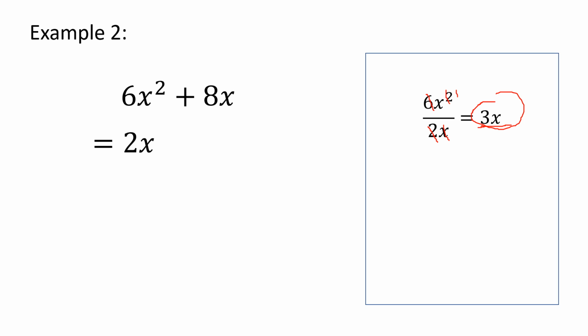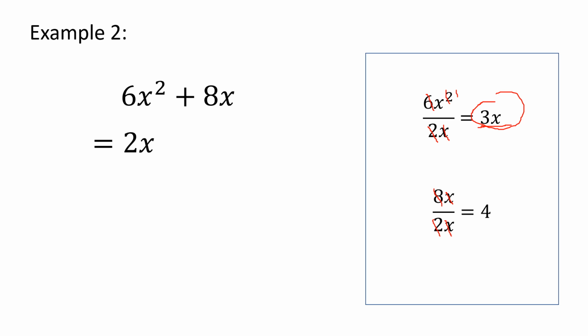Next, let's get the remaining factor from 8x. 8x divided by 2x: 8 divided by 2 is 4, and x divided by x is 1. So 4 times 1 is 4.